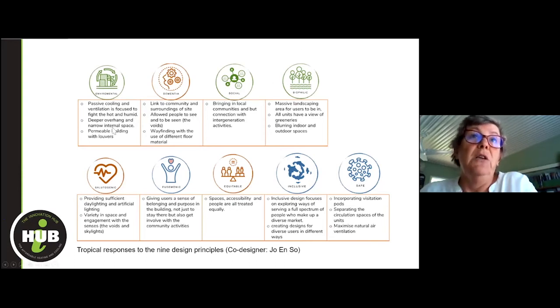So, for example, looking at the top left, passive cooling and ventilation are possible up in the tropics, but you need to really understand both the temperature and the humidity. But a lot of the time of the year, you can get good occupant comfort through natural means without any additional cooling. It means that you need to have deep overhangs, very narrow internal spaces, and a very permeable building envelope.